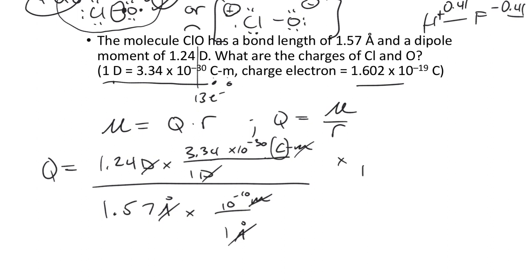So this is where we use the electron charge. So we go 1.24 times 3.34 e minus 30, divided by 1.57 e to the minus 10.